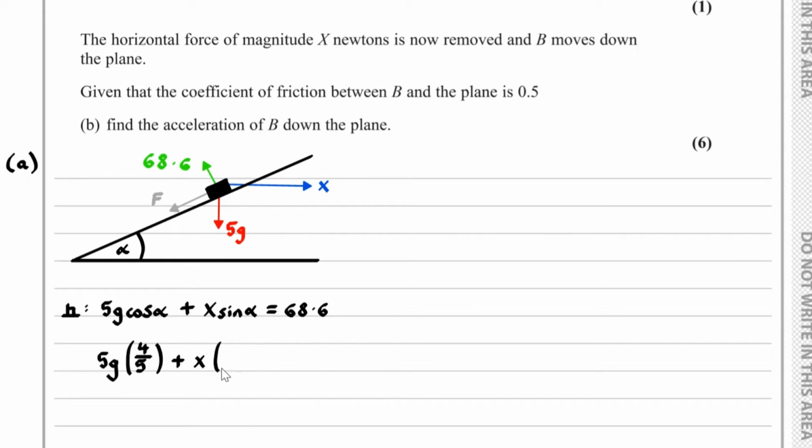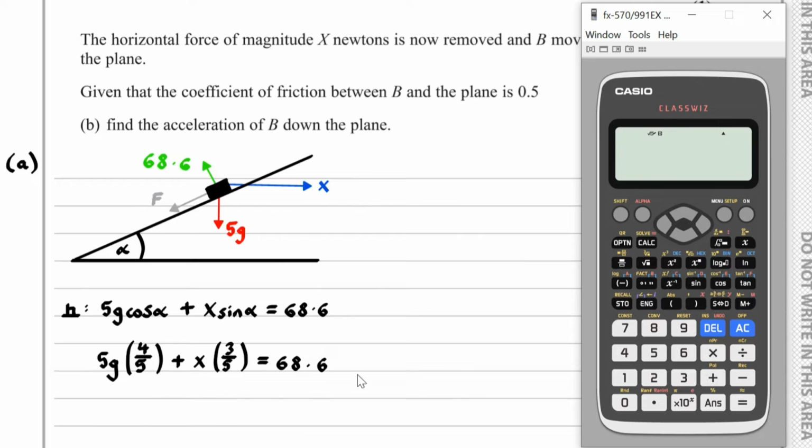Now sine alpha, that's given by 3/5, and this is equal to 68.6. Let's attempt to find out what x is.